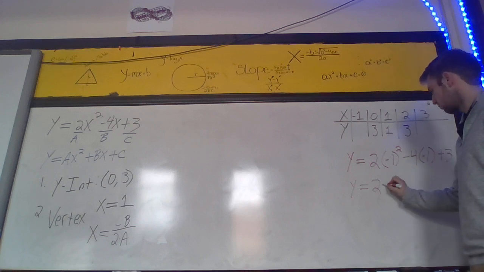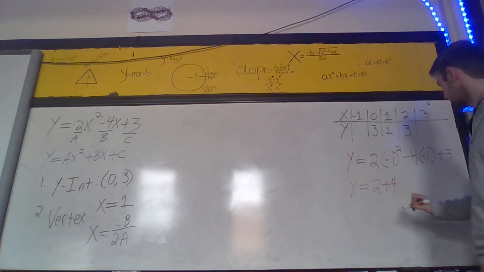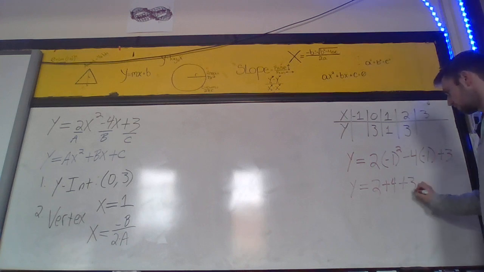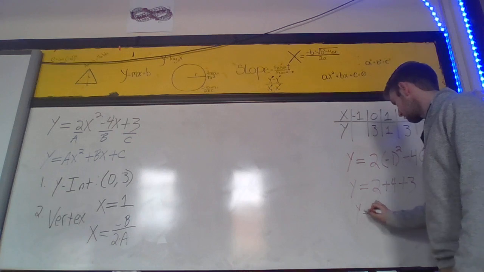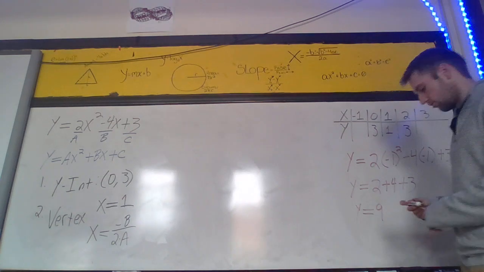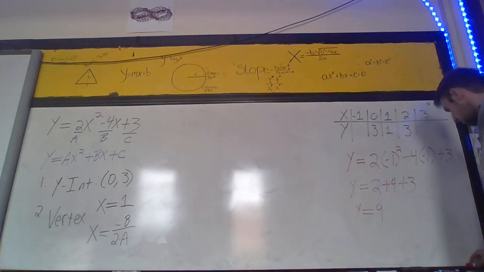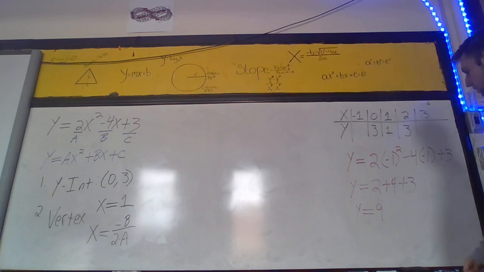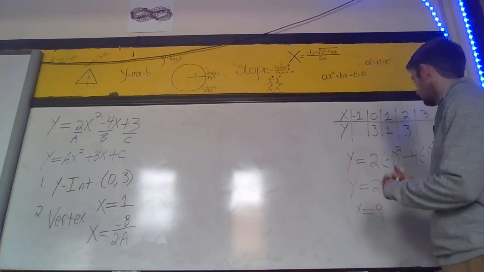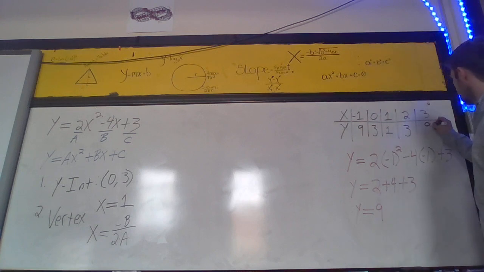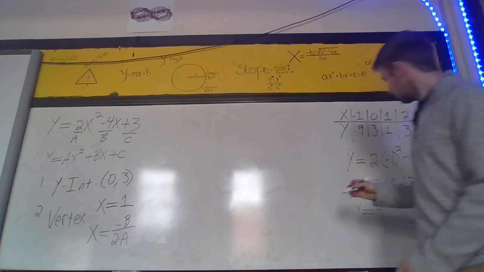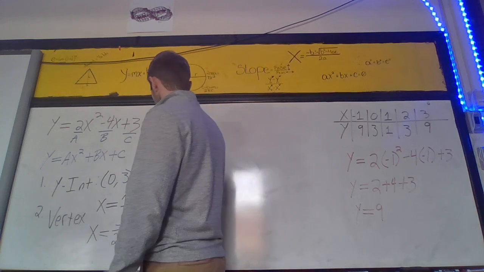That's going to be a +4, so now we're going to say plus 4 instead of -4, and plus 3. Okay, 2 plus 4 gets us 6. 6 plus 3 gets us 9. All right, so we input -1 and we get an output of 9. So let's come back up here and let's say 9 for that one. And let's graph this out.